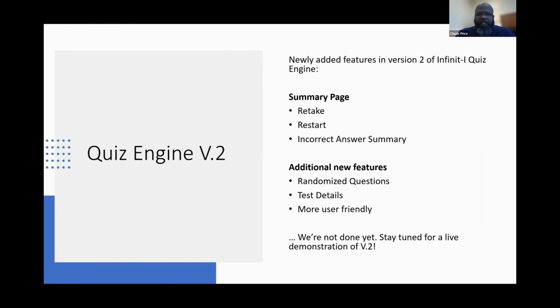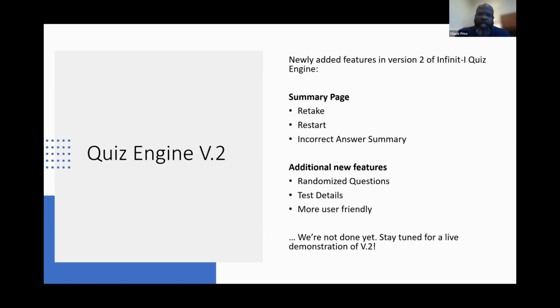Some of the newly added features that we have is going to be the summary page, where you would have the opportunity to retake a quiz, restart, and also get an incorrect answer summary. These options are actually centralized on the summary page for ease of use, so you can go to each part of the quiz engine right from the summary page.